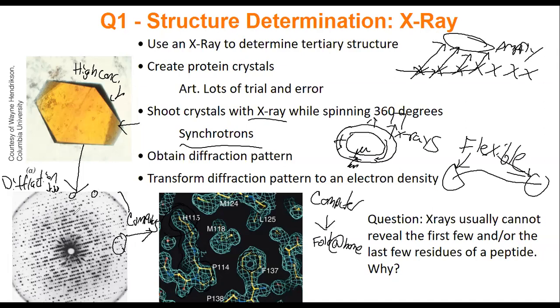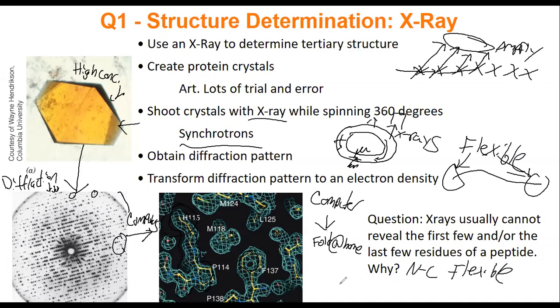Well, the N and C terminus of any protein are flexible, and so they are not in the same position. Every single protein will have a slightly different position, and instead of amplifying the signal, they destroy the signal. So the answer is N and C terminus are flexible.